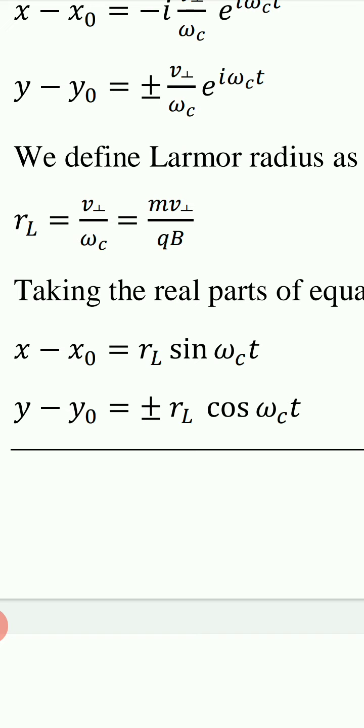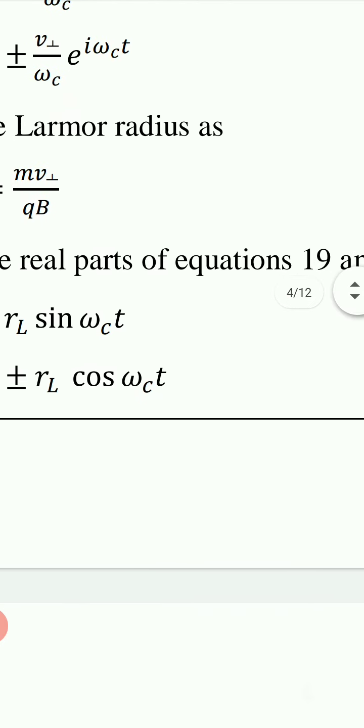So we define v perpendicular upon omega c as RL, termed as Larmor radius, and it is equal to m v perpendicular upon qB. Put the value of omega c, that is qB upon m.